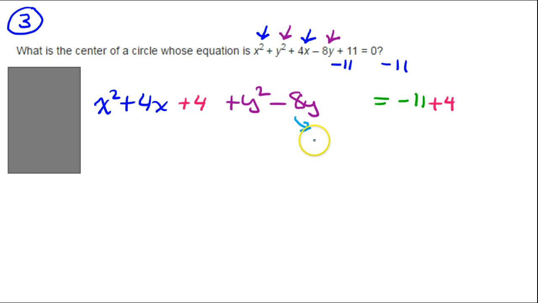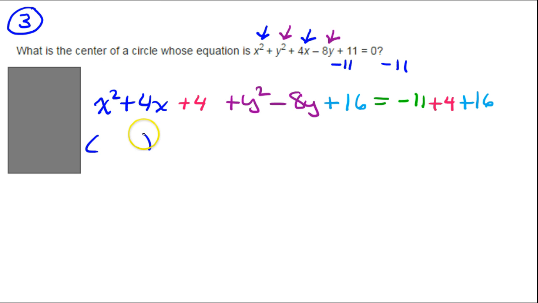Half of 8 is 4. 4 squared is 16. So I'll put 16 on the left and the right. Okay, now it's time to factor and such.